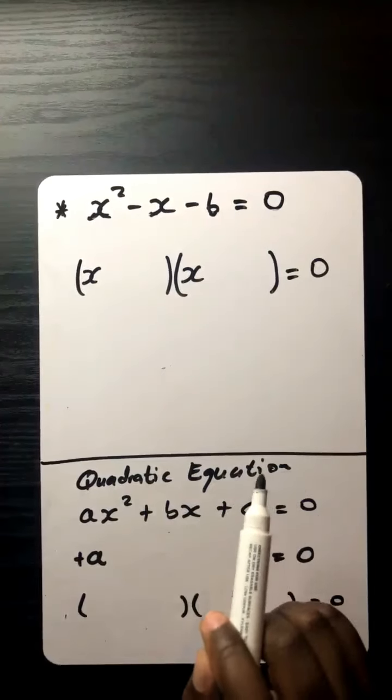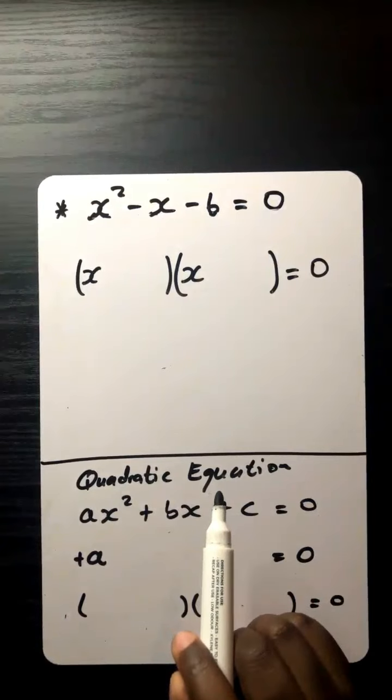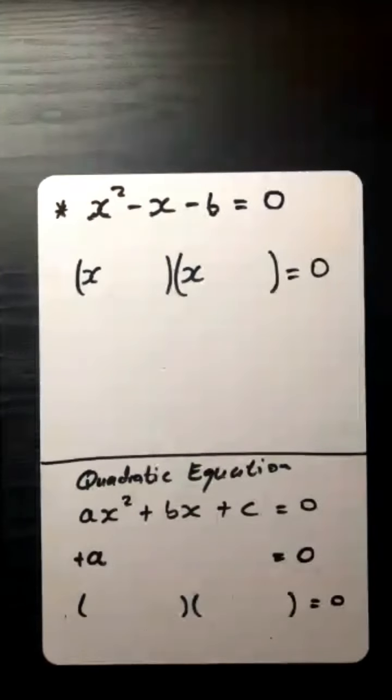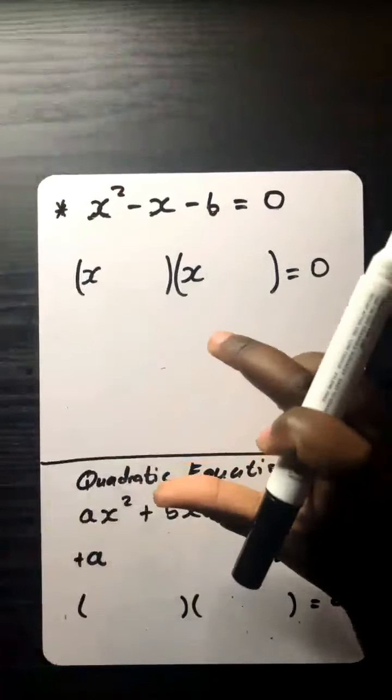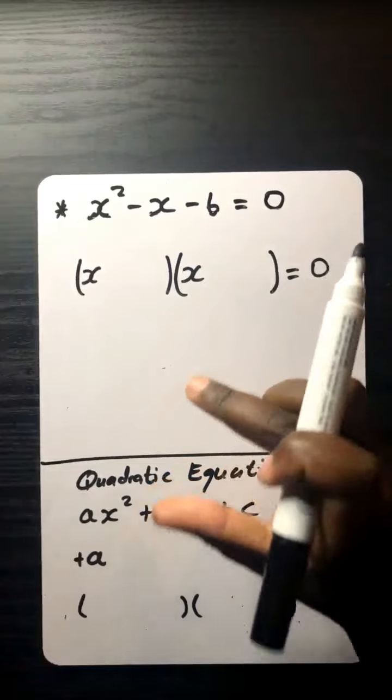So your b value is -1. What is your a value? +1 squared. Wait. So your positive a value is just +1. So +1 x squared, the whole of it is a term. Yes, sir. 100%.